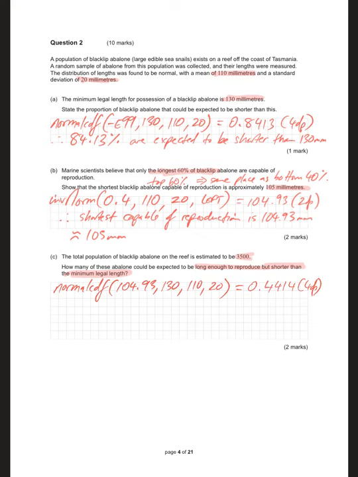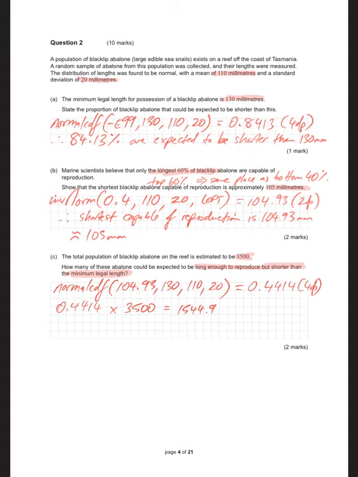I want the number of abalone, so it's going to be 0.4414, 44.14% of the estimated 3,500 abalone. That's 1,544.9.